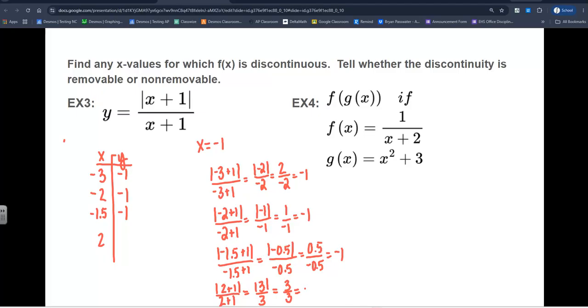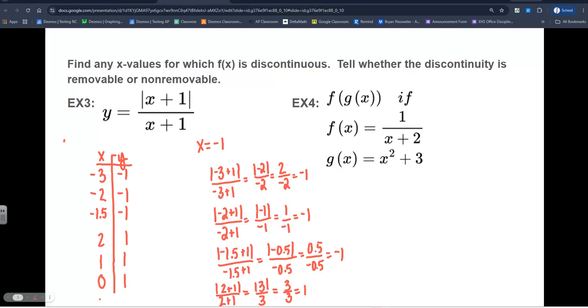And what does that give me? Positive 1. Okay, will anything change if I plug in 1? I mean, the work will change, but will I get a different answer? I'll have 1 plus 1 over 1 plus 1. I'll get 1 for that also. If I plug in 0, I'd get 1 over 1. Still 1.